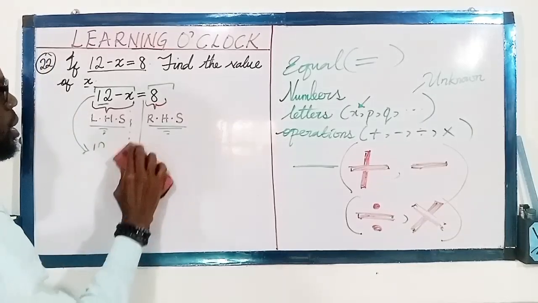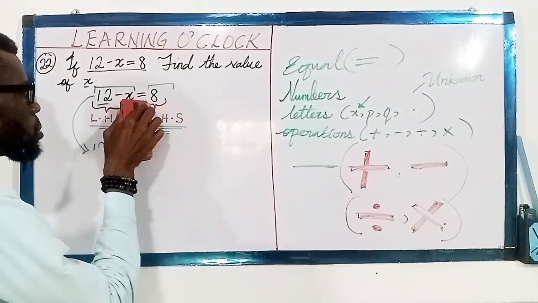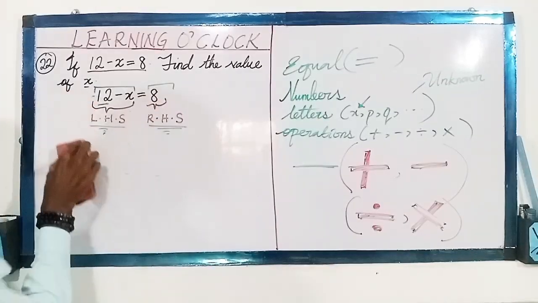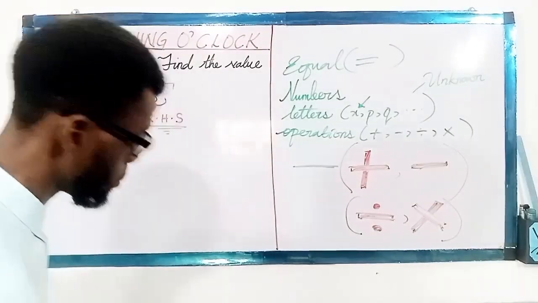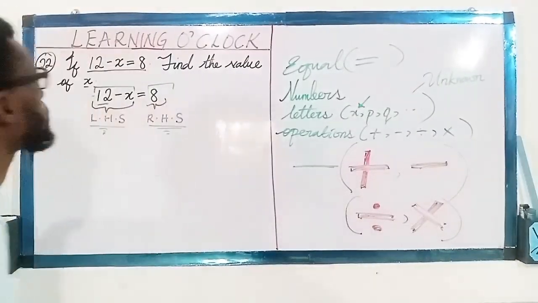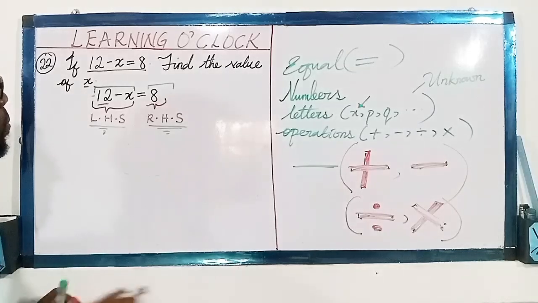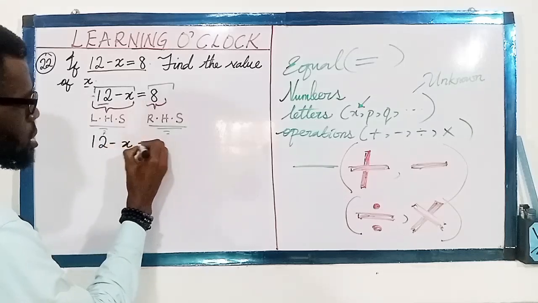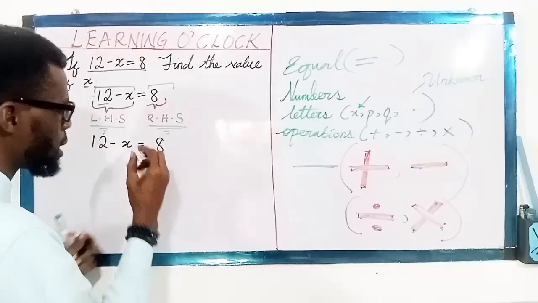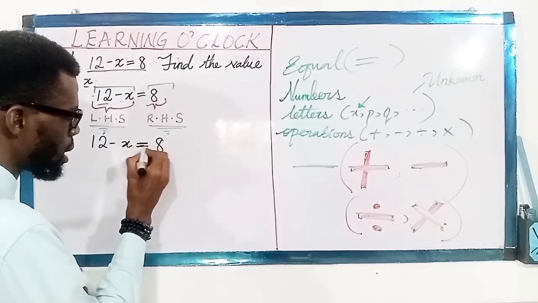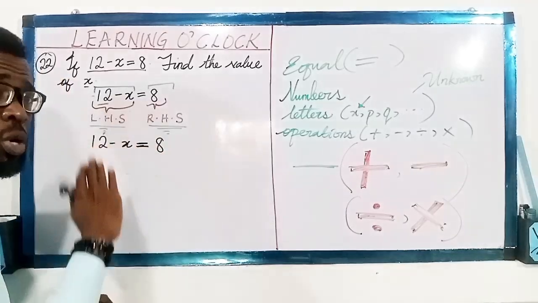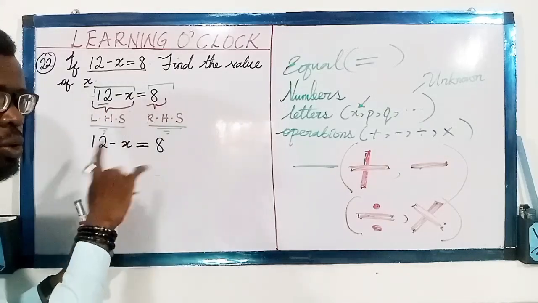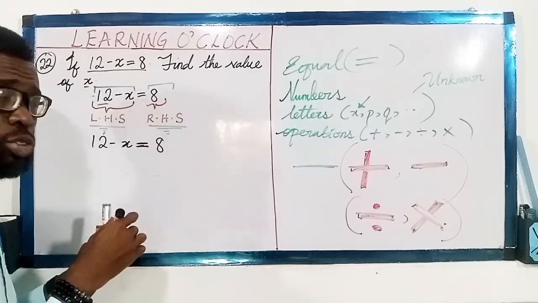Let's take this out. You just follow, pay attention carefully. 12 minus x is equal to 8. So this equal sign is like a bridge. Once you cross this bridge, any letters or numbers you cross over, the sign changes.